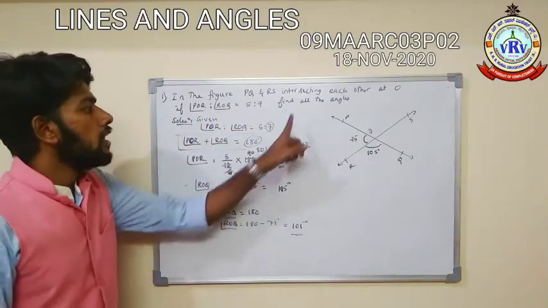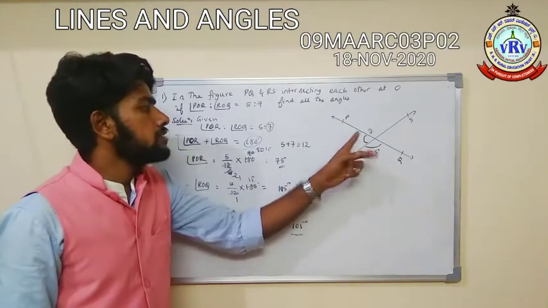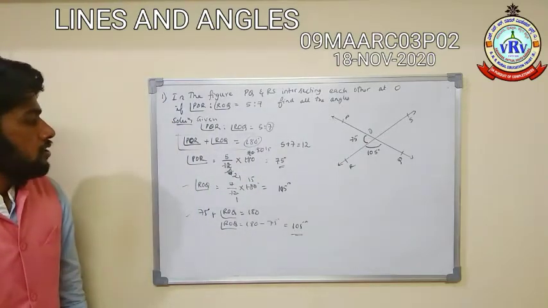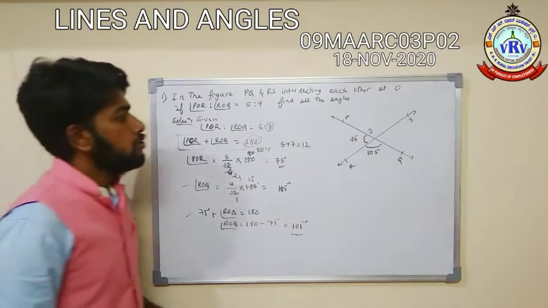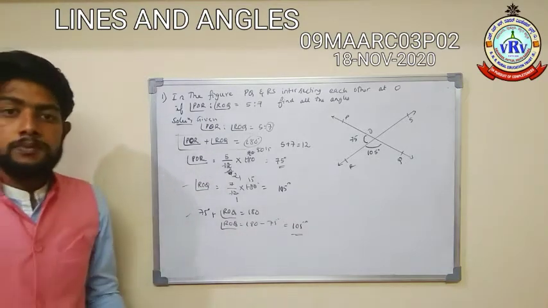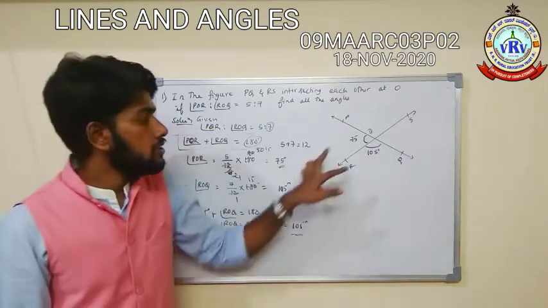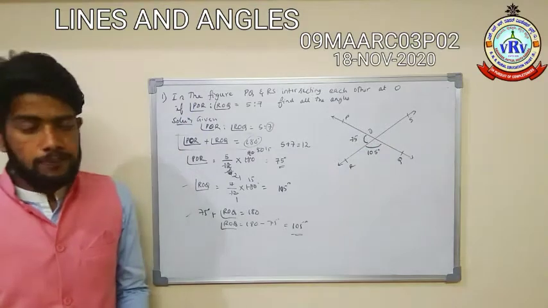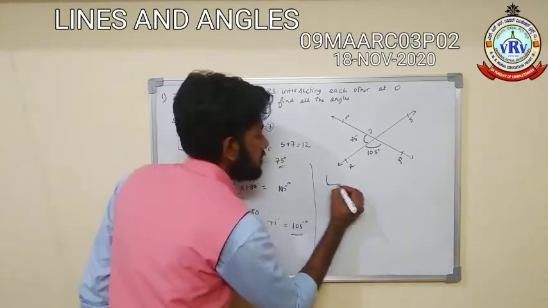And they are mentioning to find all the angles. We found two angles, so we need to find two more angles, right? So this is the way. And we also know from theorem number 3.1, if two lines are intersecting each other, then the vertically opposite angles are the same. Now let me give the hint.